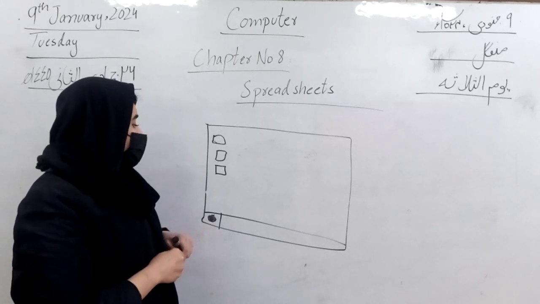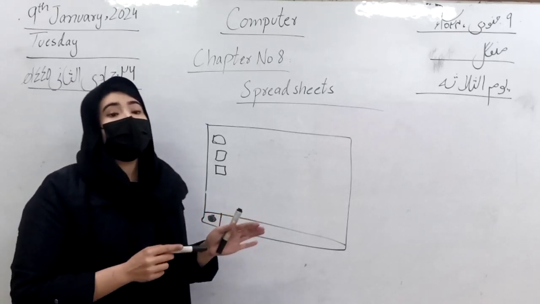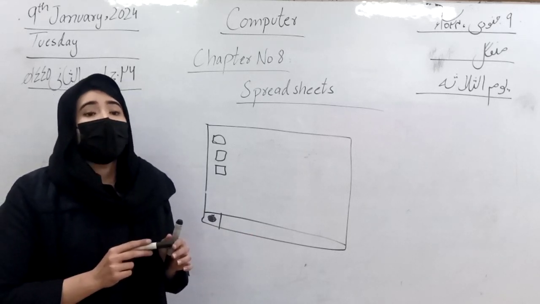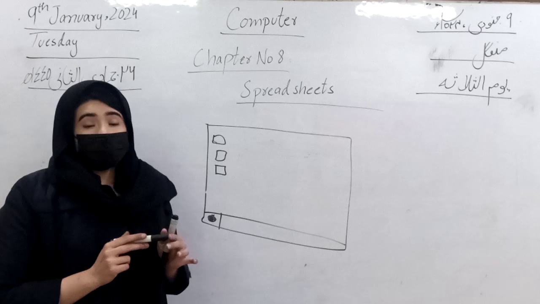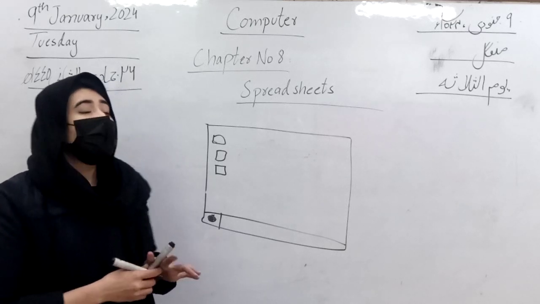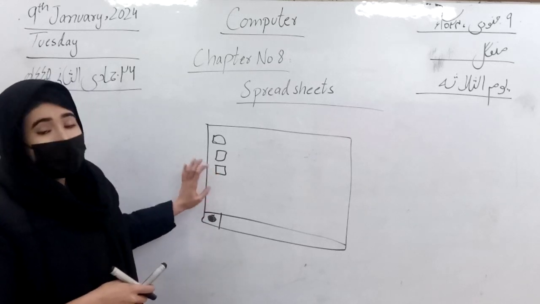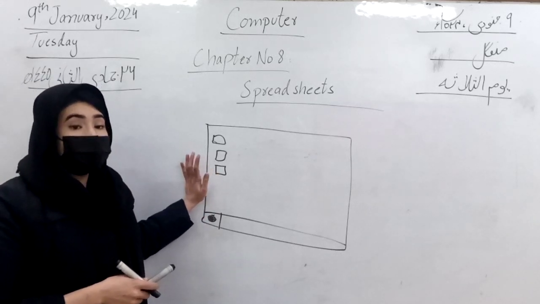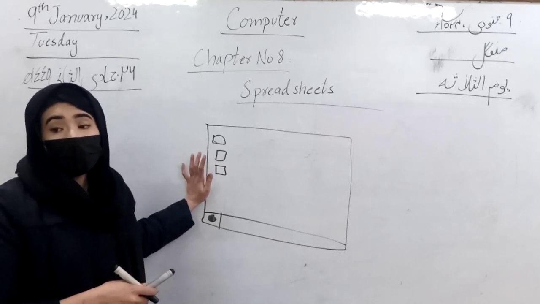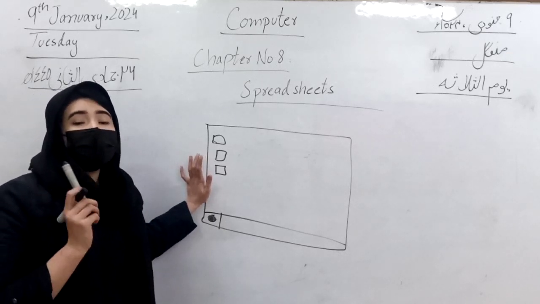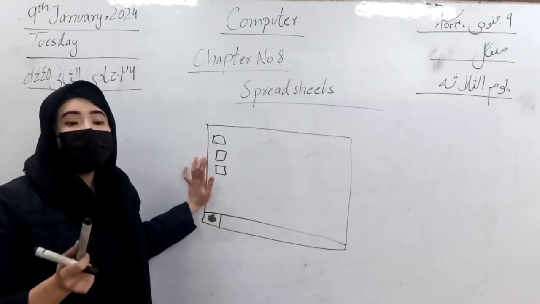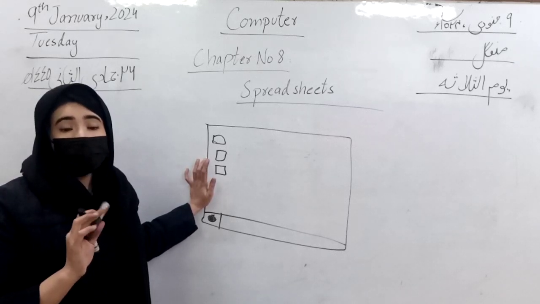After clicking on All Programs, we get the option of Microsoft Office, and by clicking on Microsoft Office we get some different options, from which we click on Microsoft Excel to make our spreadsheet, because Microsoft Excel is a spreadsheet software, and to make a spreadsheet we have to first open Microsoft Excel.